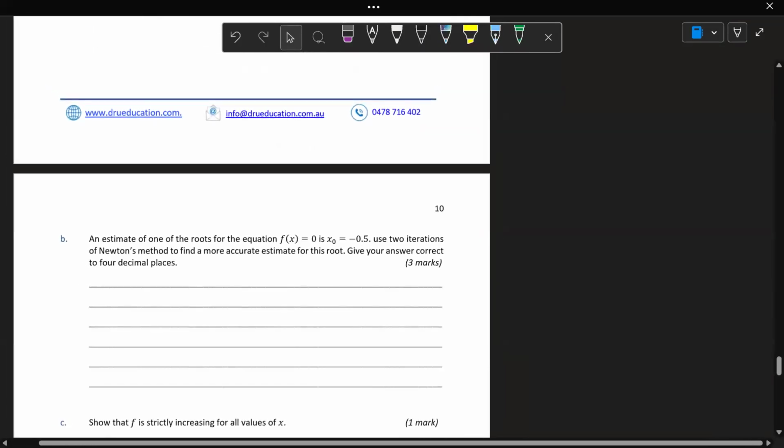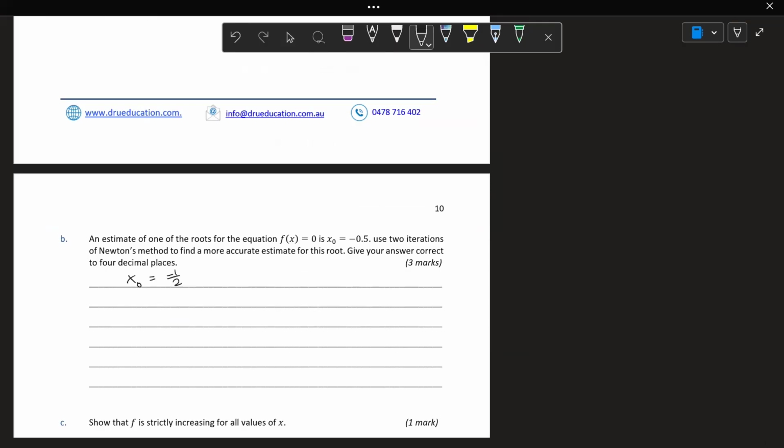Part B, Newton's method. An estimate of one of the roots is -1/2. Use 2 iterations of Newton's method to find a more accurate estimate. You're given x0, which is -1/2, and you just use the Newton's method formula, which is x1 is equal to x0 minus f of x0 over f dash of x0.